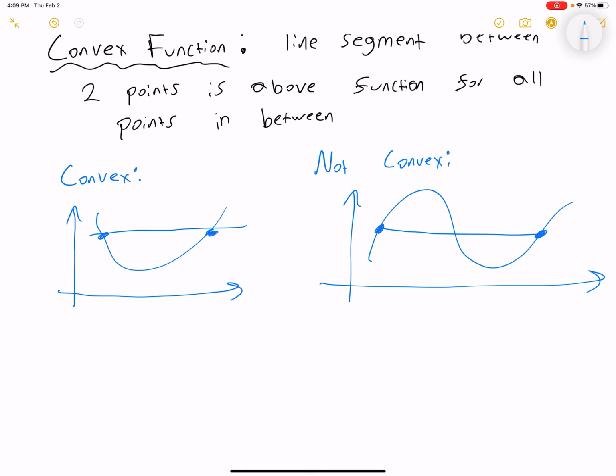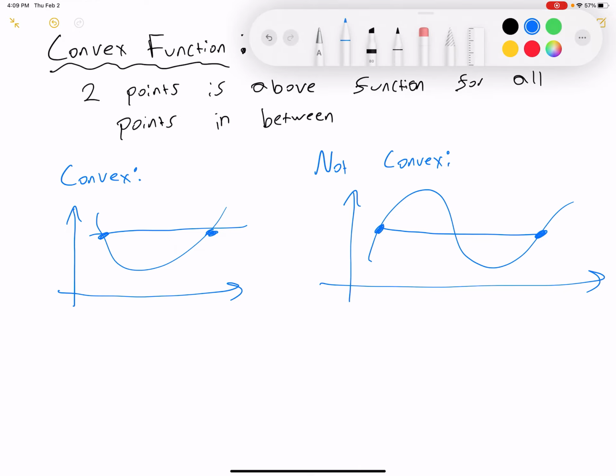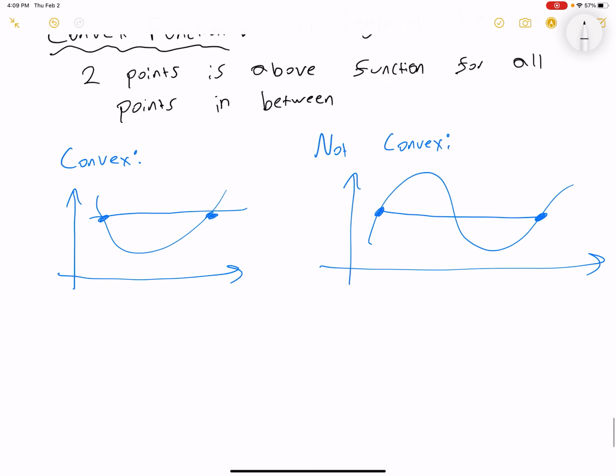So the nice thing about a convex function, well, actually, just to be complete, a side note, concave function. I'm going to put this all in parentheses. Same, but below the line.